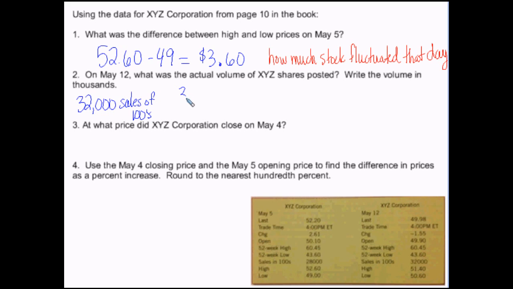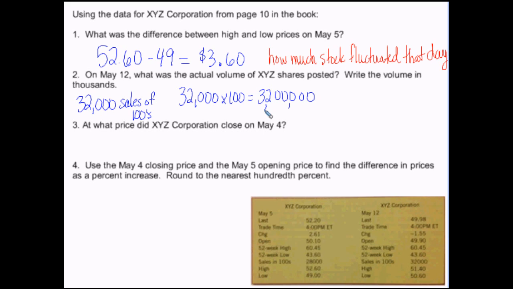So I'm going to take 32,000 and multiply it by 100. I'm going to add 2 zeros to the end of it, and that's 3,200,000. But it says here to write the volume in thousands.